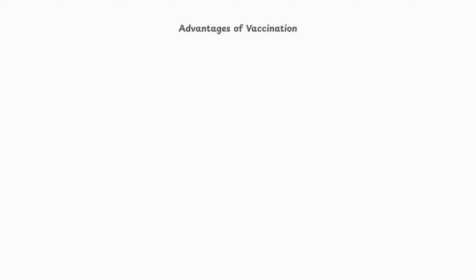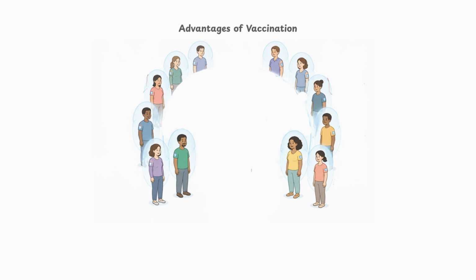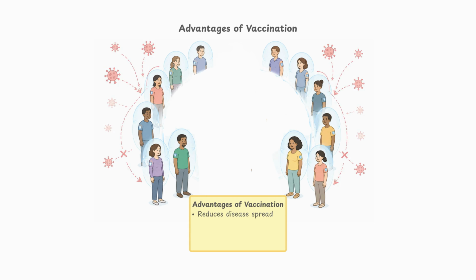The impact of vaccination extends far beyond protecting a single person. When large numbers of people are vaccinated, entire communities benefit. Vaccination provides many important advantages. First, it protects individuals by reducing their chance of becoming infected. Vaccination also reduces transmission, making it less likely that infected individuals will spread pathogens to others.